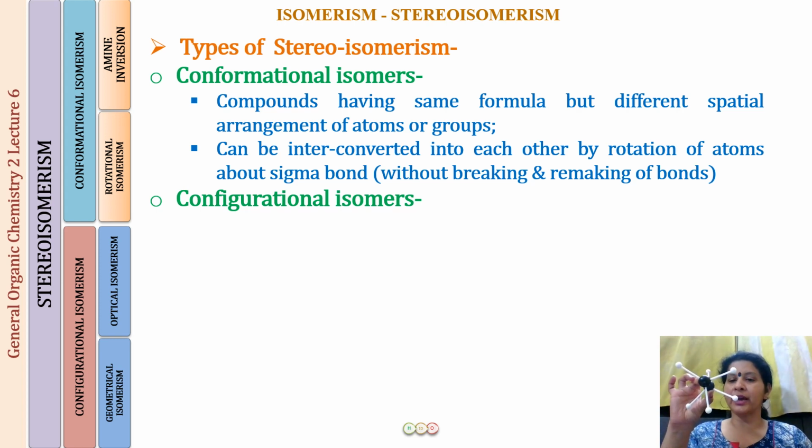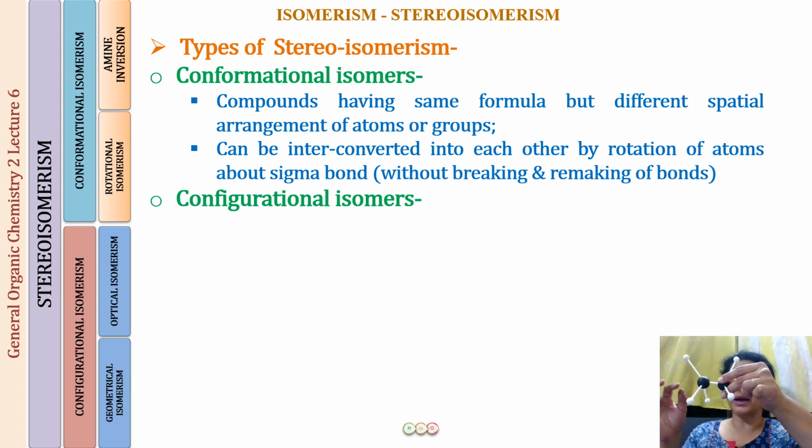Here you can see that the two structures differ in the position of the hydrogens with respect to one another. And how have I made the structure different? I have just rotated the position of the atoms with respect to each other around the carbon-carbon single bond. This is my carbon-carbon single bond.